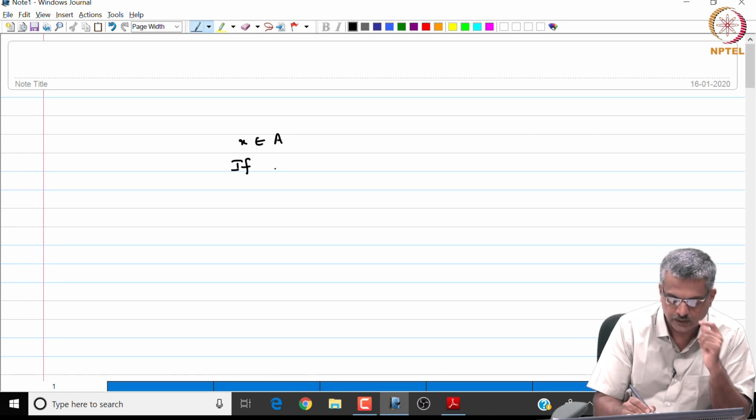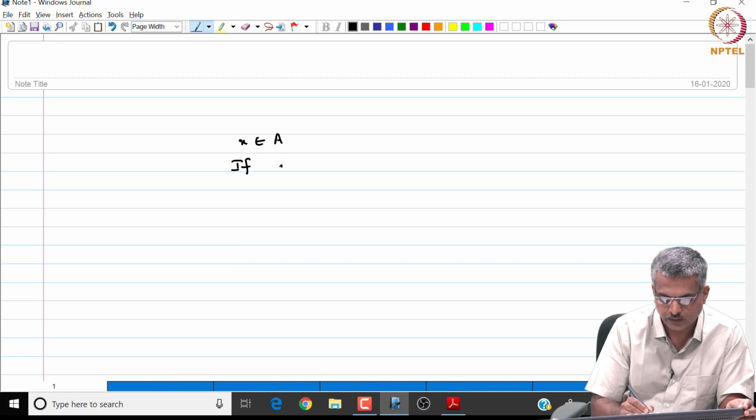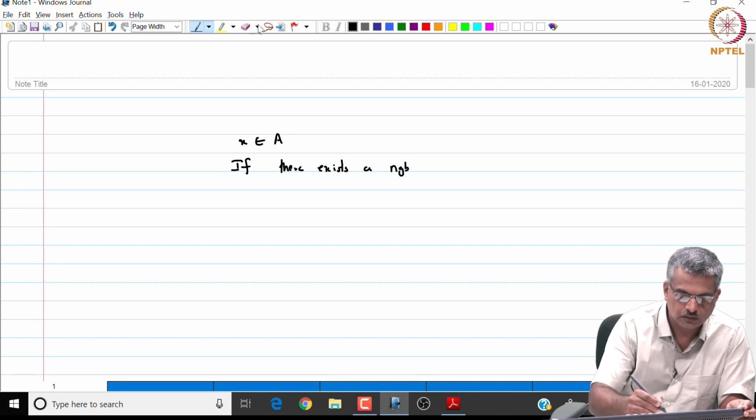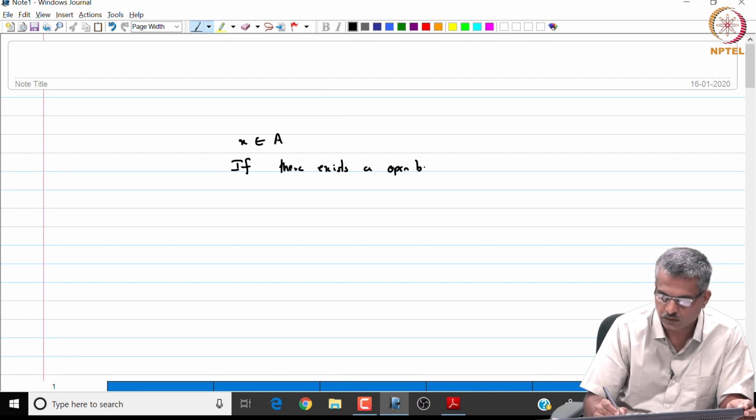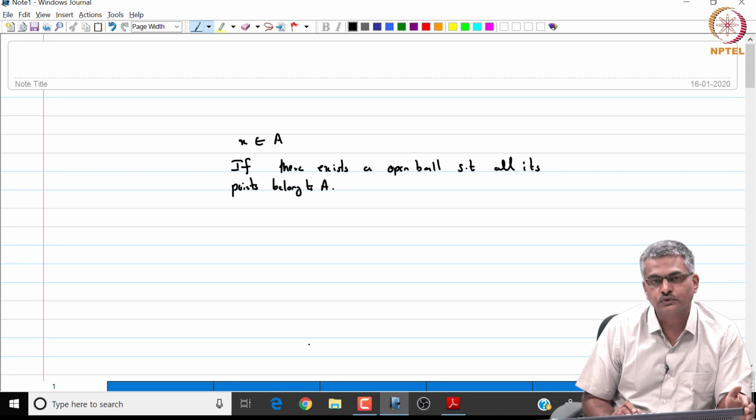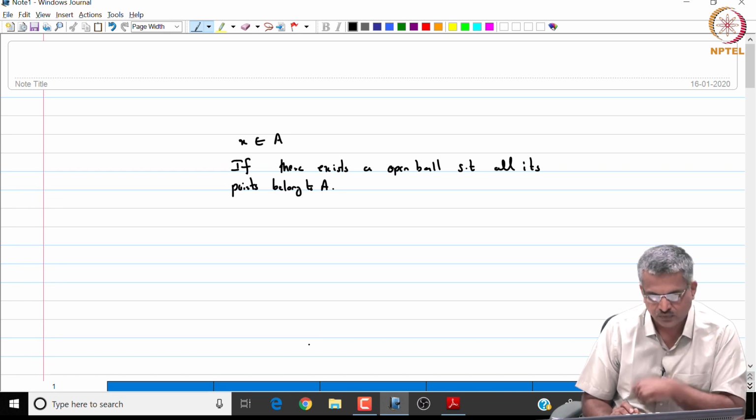So, if there exists an open ball, we did not define what is a neighborhood, but we defined an open ball, such that all its points belong to A. And then once you had the notion of interior point, a set is said to be open if it contains all its interior points.